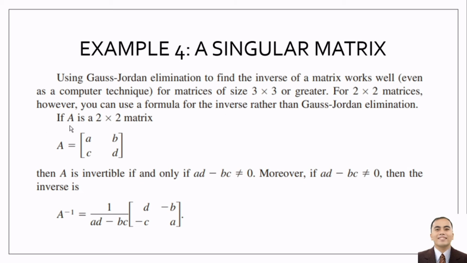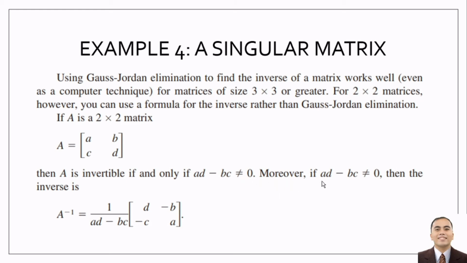So if A is a 2 by 2 matrix, we can assign the elements of the matrix as A, B, C, D. Then, A is invertible if and only if A times D minus B times C is not equal to 0.